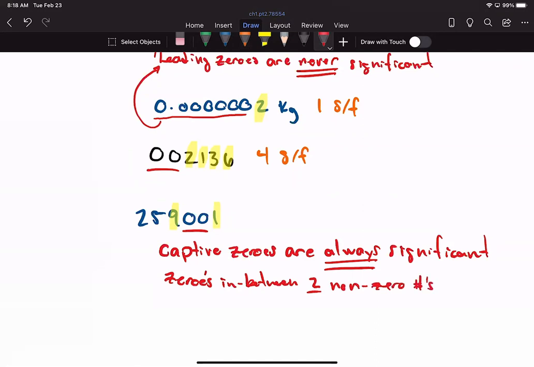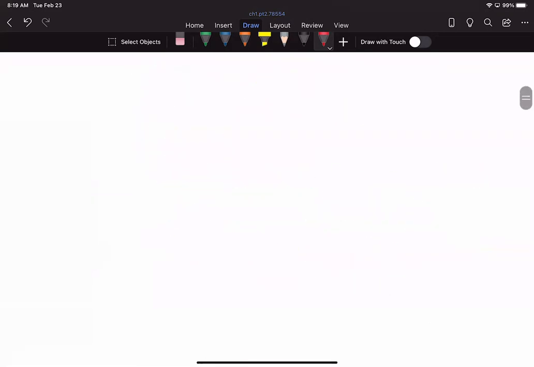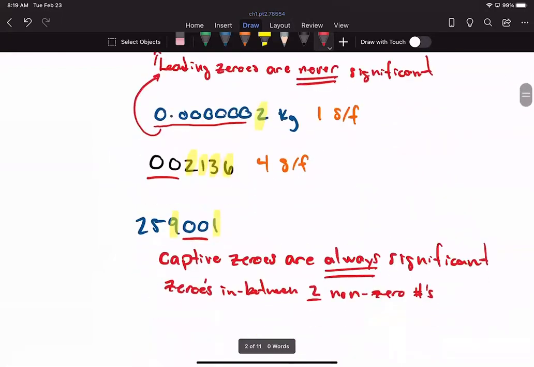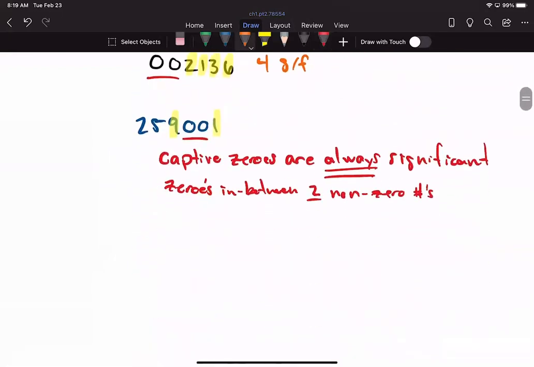Zeros that are in between two non-zero numbers. Because these are captive, because they're in between these non-zero numbers, they're always significant, right? Always significant. So we do have to count them when we're considering significant figures here. So we have to count all of them.